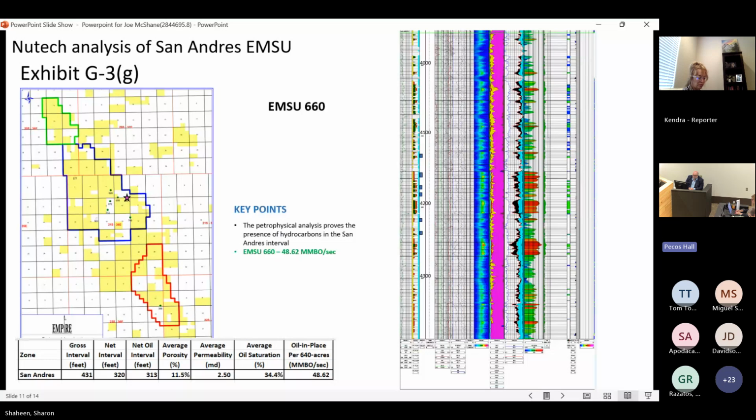Again, seeing an average oil saturation coming down just slightly, but we're also coming down the backside of the structural closure. So you're seeing an average oil saturation of 34.4%, but porosity is maintaining around 11.5%, and average perm is 2.5. And the numbers that you just discussed, those are in the lower left-hand corner right here in this box, is that right? Correct. Okay.